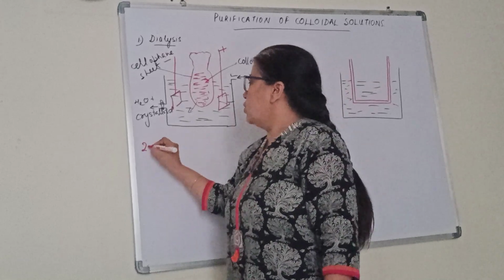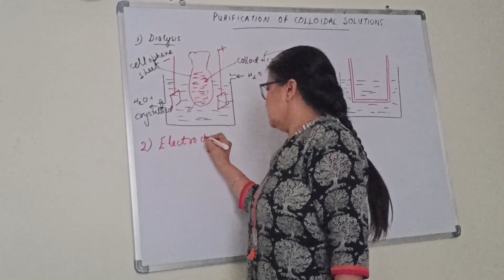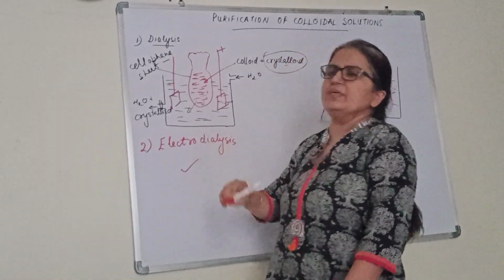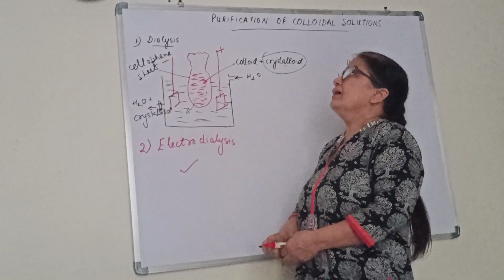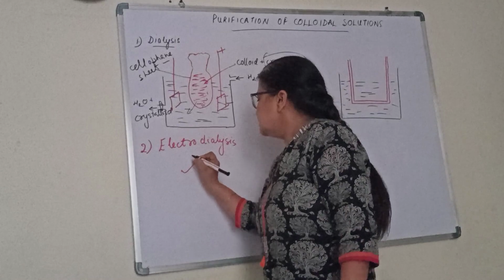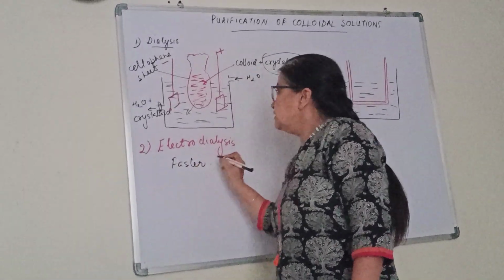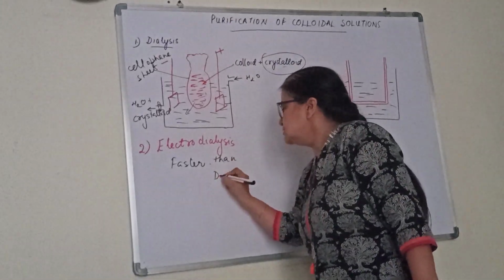That process is called electrodialysis. Basically, electrodialysis is the same thing we have discussed. Only when cathode and anode are there, it is comparatively faster than dialysis.